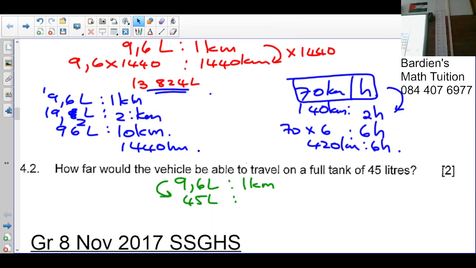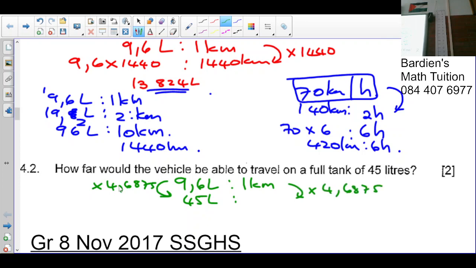You say 45 divided by 9.6 gives us 4.6875. So you're multiplying by 4.6875, so this must also be multiplied by 4.6875. This gives us 4.6875 kilometers, which is not far.